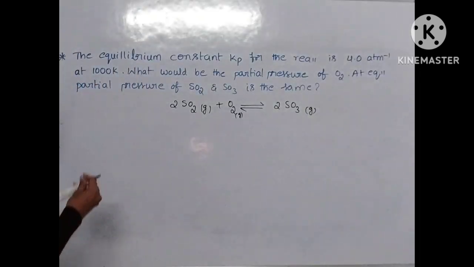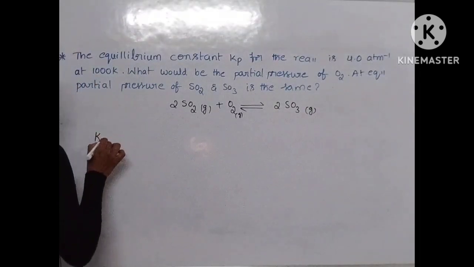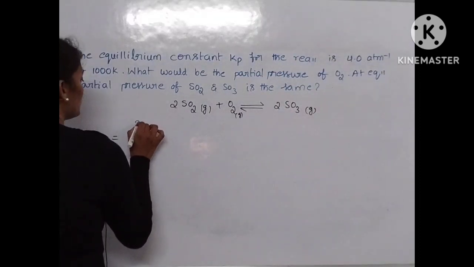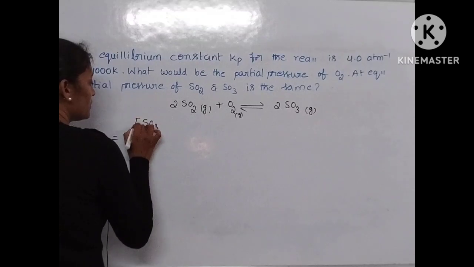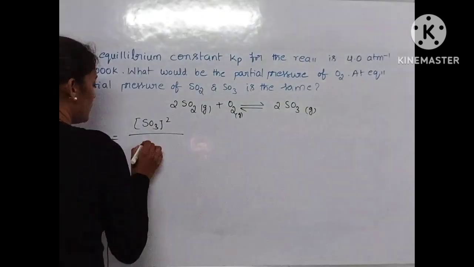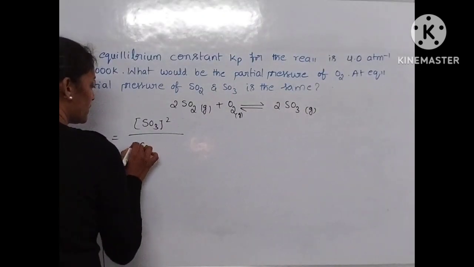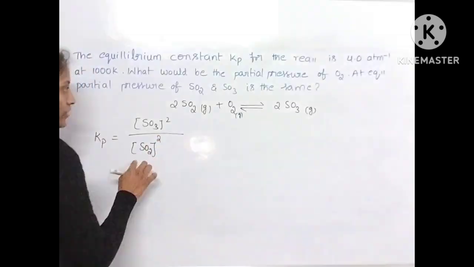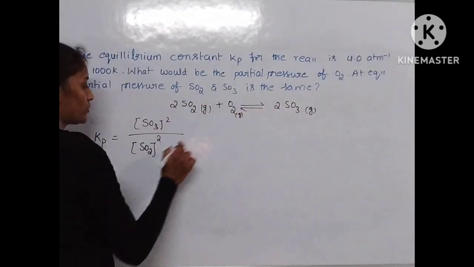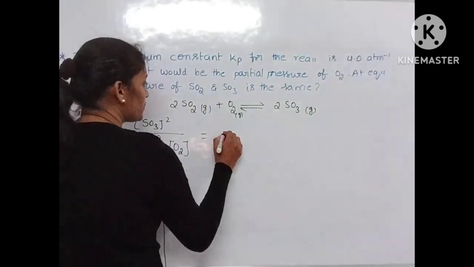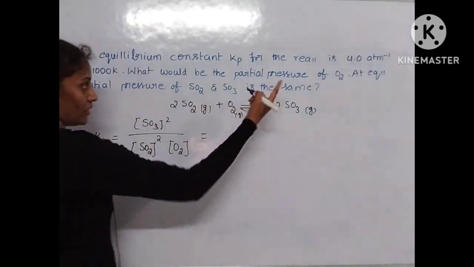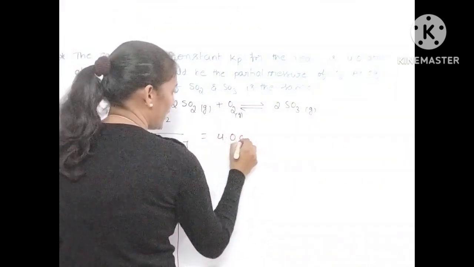So take Kp equal to the pressure of SO3, products, power 2, upon the pressure of SO2, reactants, power 2, and the oxygen concentration. This is equal to 4.0 atm inverse.